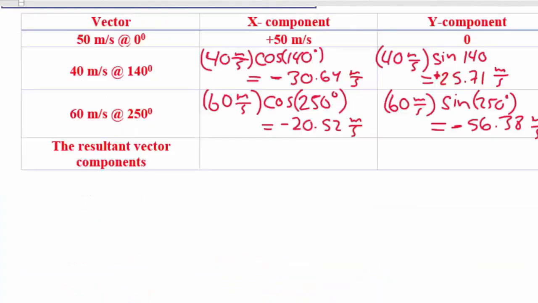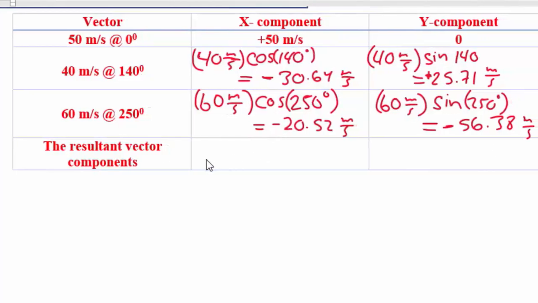So its x component will be in the negative x direction, and its y component will be in the negative y direction. Okay, since we have the x components of the three vectors and the y components of the three vectors, we'll go ahead and add them so that we get the x component of the resultant vector and the y component of the resultant vector. Let's call them Rx and Ry.